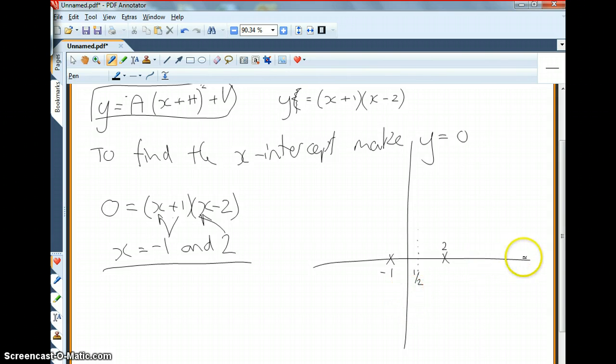Okay, so when x equals a half, we can work out the corresponding coordinate. I've just gone halfway between minus 1 and 2, and that becomes half. So when I put half into the equation, a half plus 1 multiplied by half minus 2. So that's going to become 1.5 multiplied by minus 1.5.